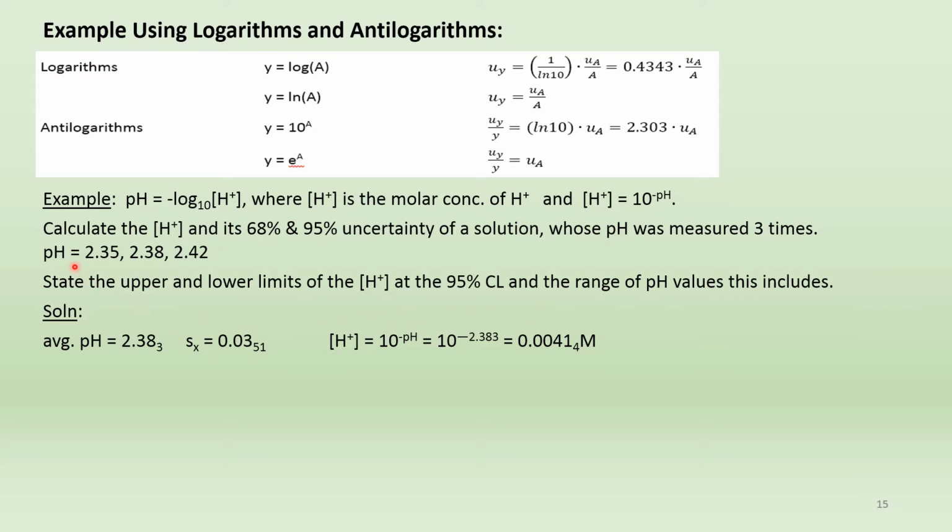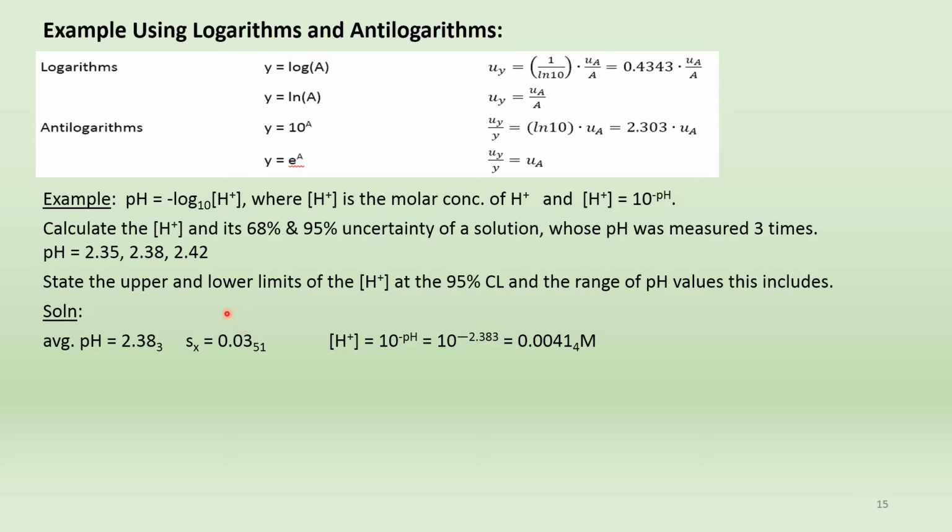So first of all, we need to get the average pH of these values. It's 2.38. I'm going to carry 3 sig figs, the same as my individual values. The standard deviation works out to be 0.0351. And what should I carry here? Well, my first digit in my standard deviation is in the hundredths column.